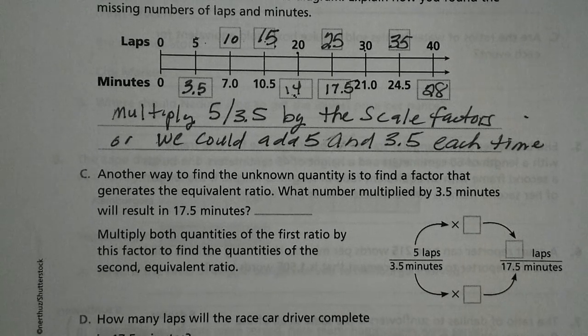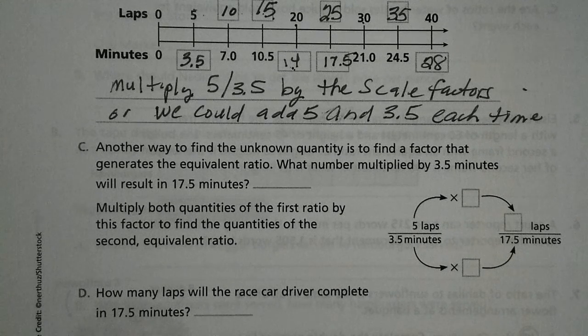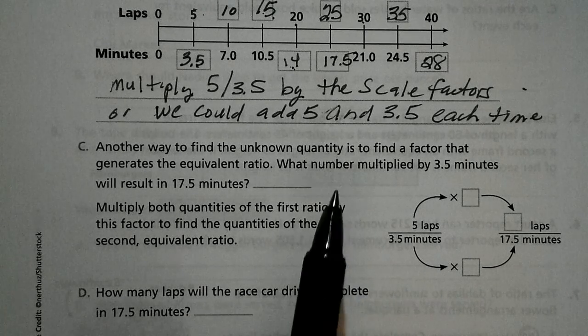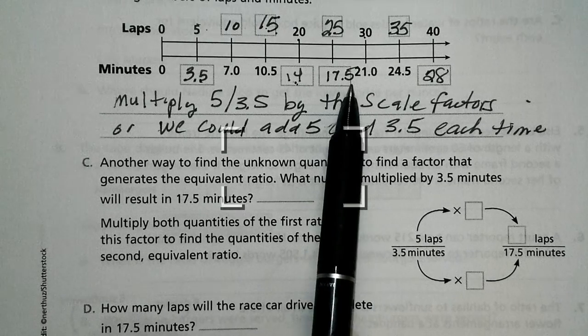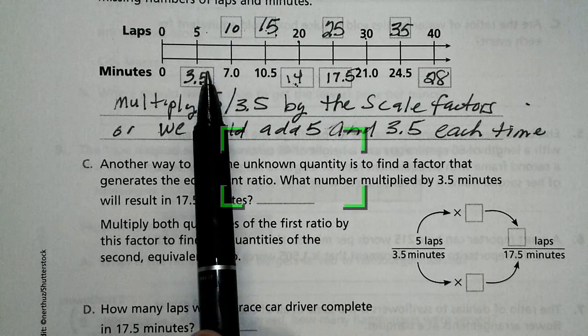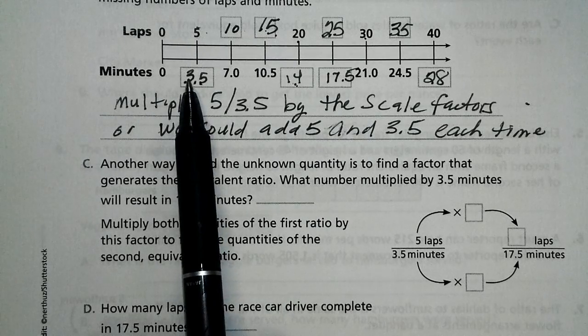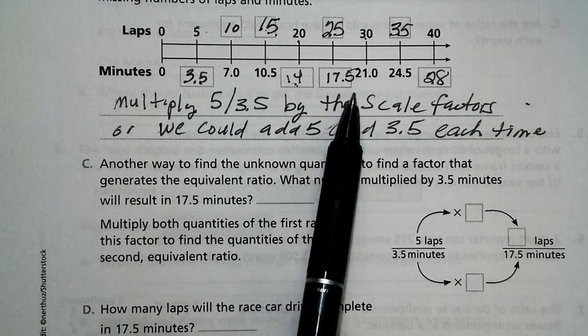All right, so it says another way to find the unknown quantity is the scale factor. So what number did we multiply by 3.5 to get 17.5? So 1, 2, 3, 4, 5. Yep.